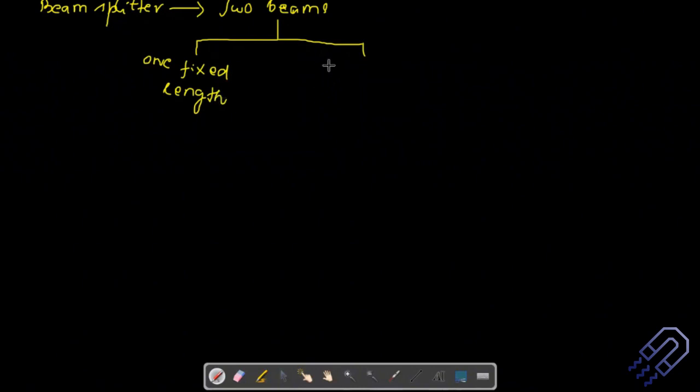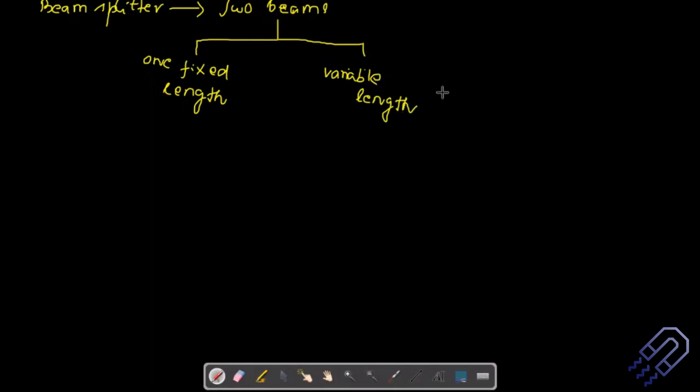But the other beam will follow a variable length. I should just write down variable length. So if you vary it in that way, you are going to have a different frequency range.